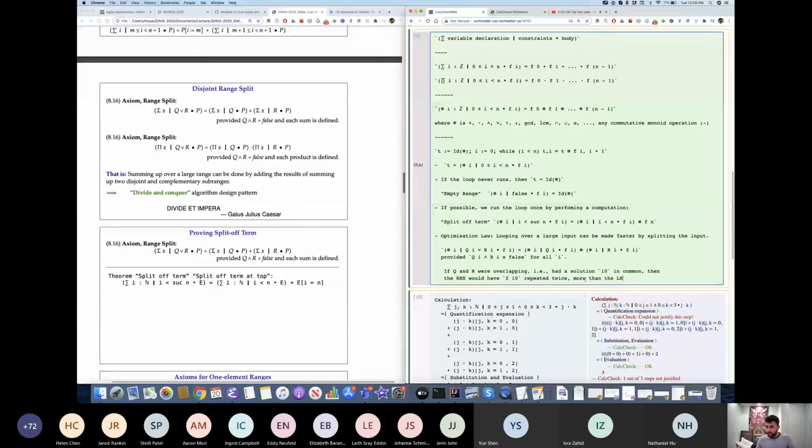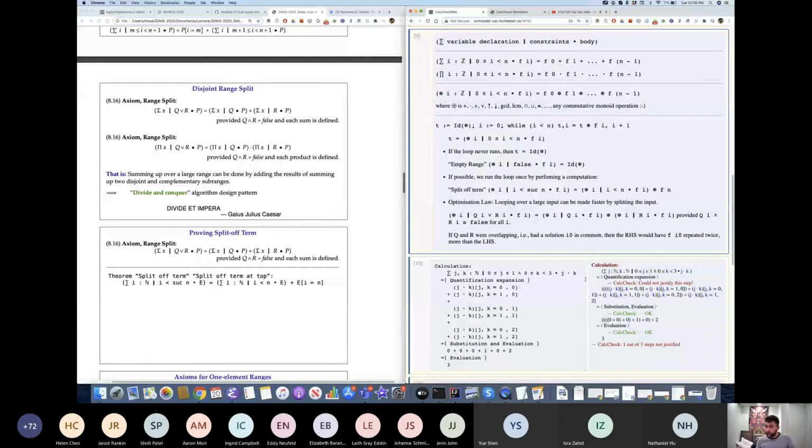Here's a simple justification. On this side, if I have an I0 that makes both of these true, then true or true is just true, so that's fine, and I do f of I0. But here I get f of I0 and f of I0, so I have f of I0 repeated twice, which is more than the other side. That's why you need this.